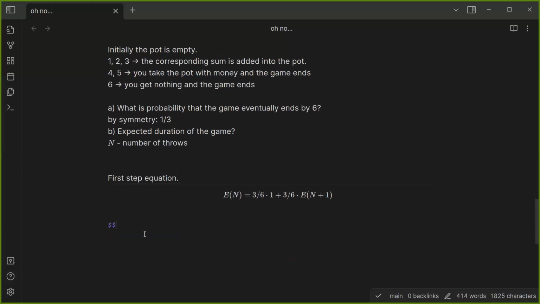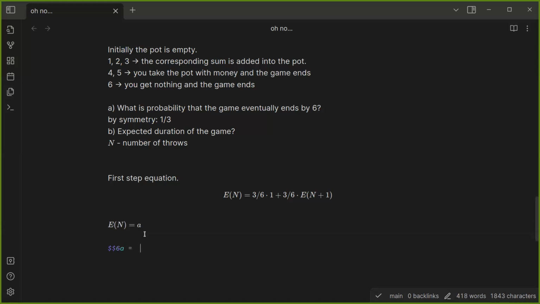We just say that the expected value of n, let's denote it now by a. And hence our equation is a equals 3/6 plus 3/6 times a plus 1. Let's multiply by 6.